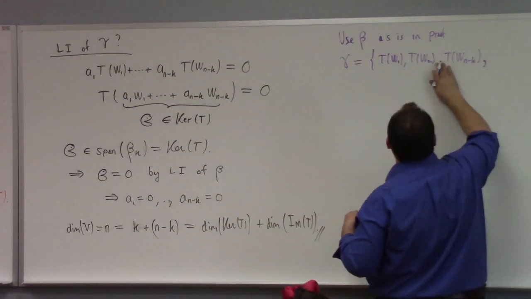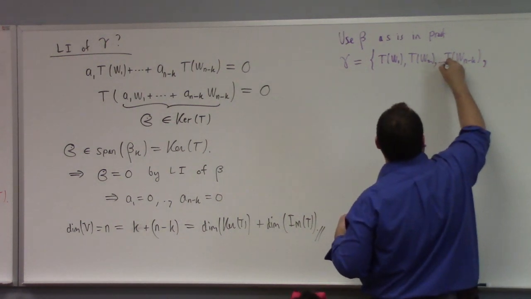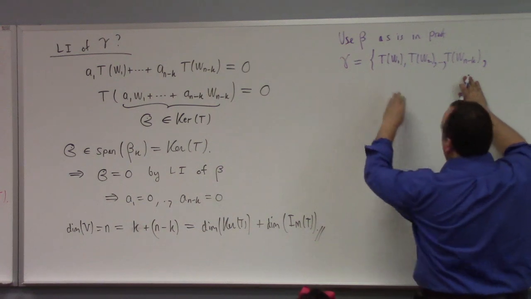So there are n minus k things here, right?